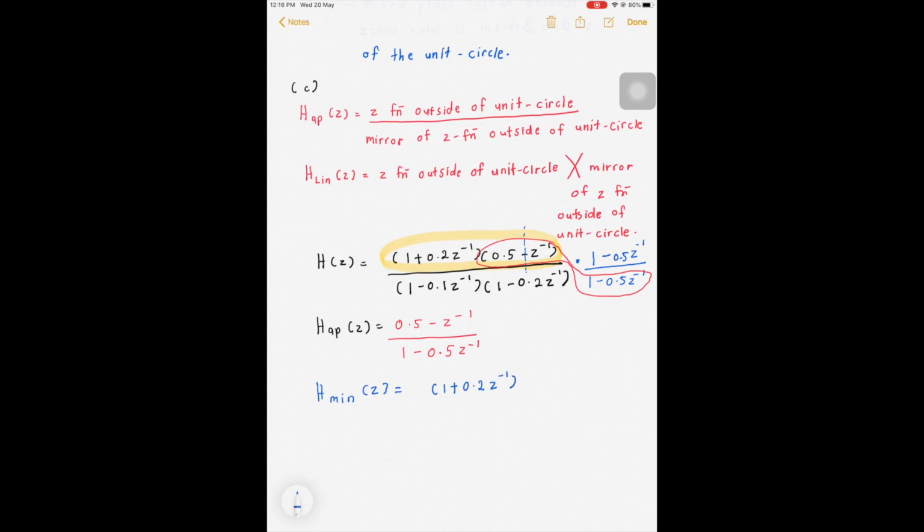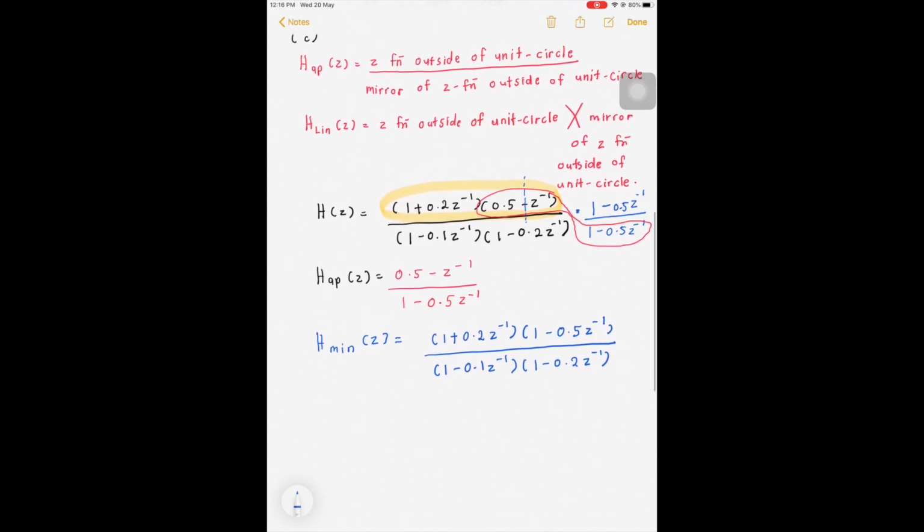So H minimum is the remaining function over 1 minus 0.1 z^-1. Done for H minimum and H all-pass.